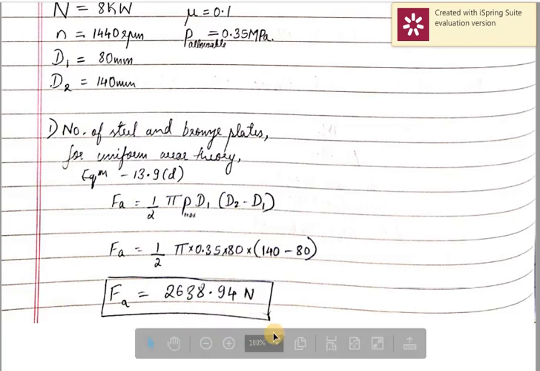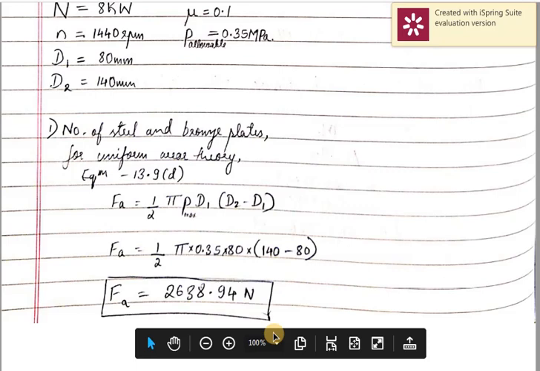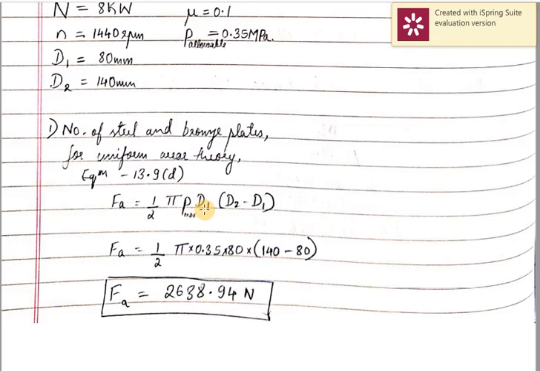Here we have equation number 13.9d for uniform wear theory. Axial force F is equal to 1 by 2 pi into P max into d1, that is di, into d2 minus d1, that is d0 minus di.